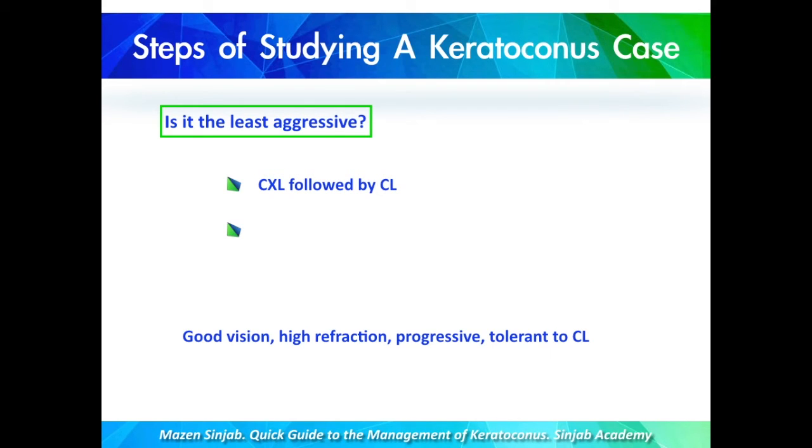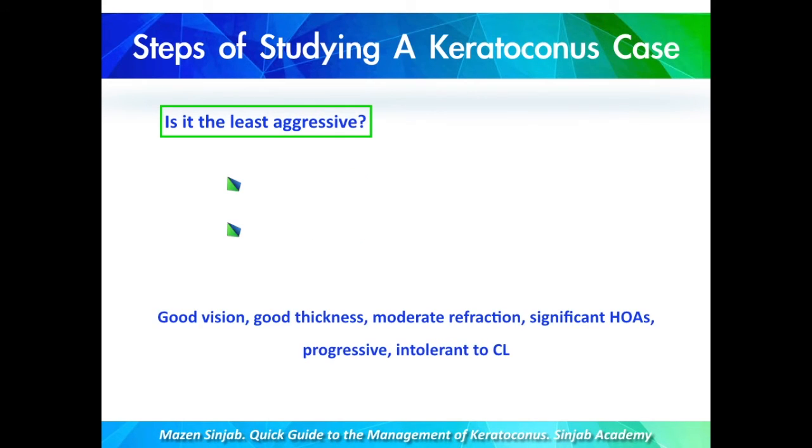Either to go for corneal cross-linking followed by contact lens fitting, or to do intracorneal ring implantation followed by corneal cross-linking. Now let us think about this. Which is the least aggressive? Of course, doing corneal cross-linking followed by contact lens fitting is less aggressive than the other option.